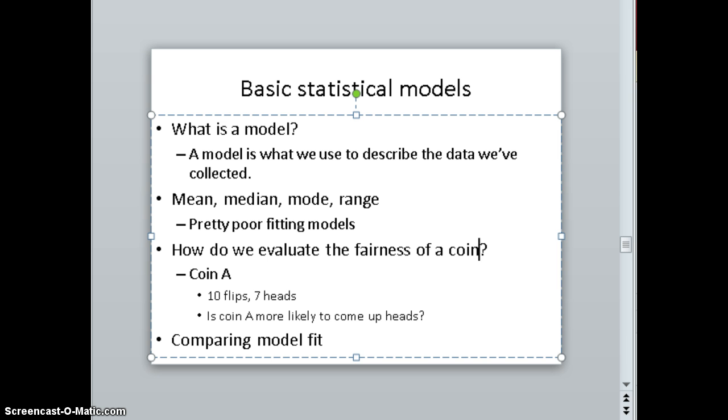Okay, and let's compare the expected mean number of heads from a fair coin with the expected heads from a coin that is biased to 70% heads, let's say. In that case, the expected heads from a fair coin would be 50%, and a coin that's biased would be 70% heads.